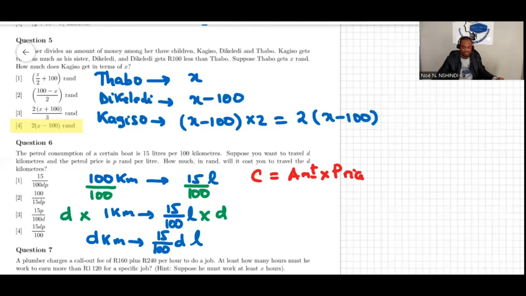Then the cost will be the amount of petrol, which is 15 over 100 d liters, times the price, which is p. Then the expression for the cost would be 15 over 100 dp. So which is alternative 4.